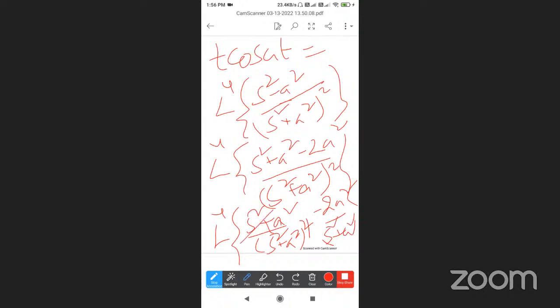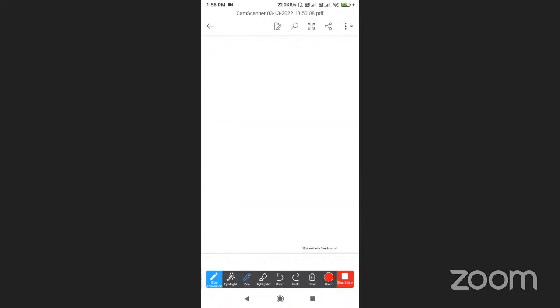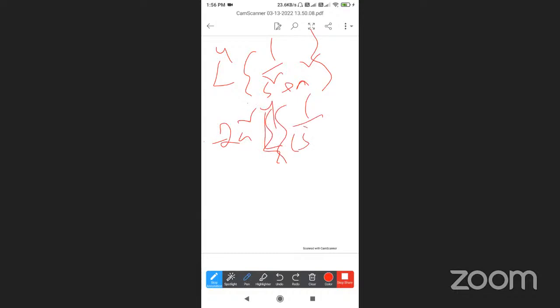Here one term, the numerator is cancelled. So now inverse Laplace transform of 1 by s square plus a square, and minus 2a square take outside, inverse Laplace transform of 1 by s square plus a square is a whole square.